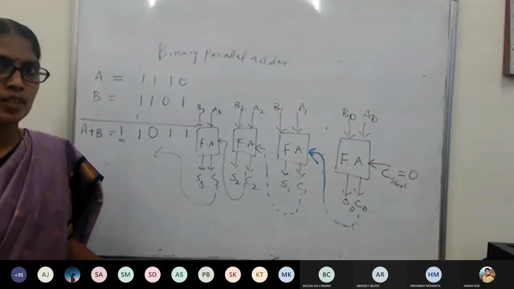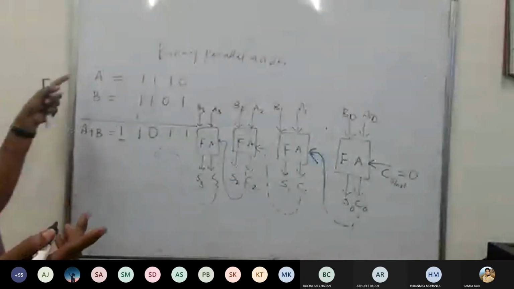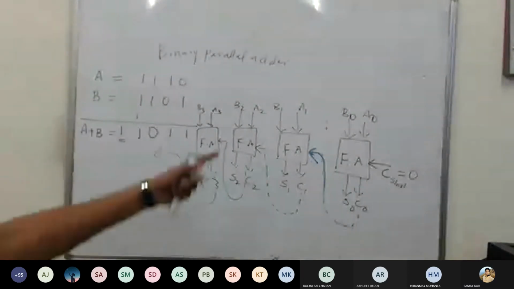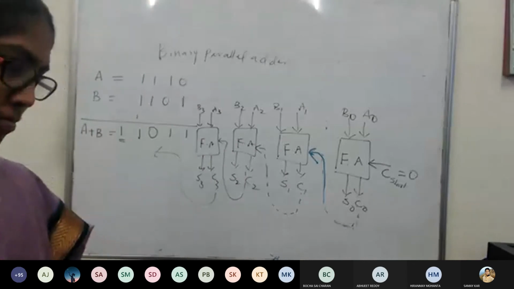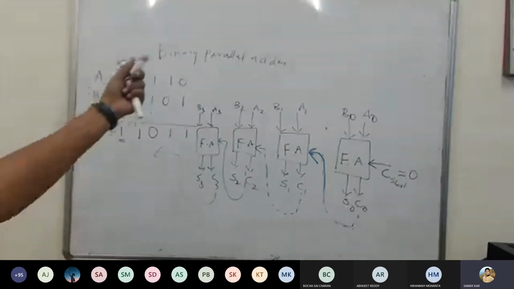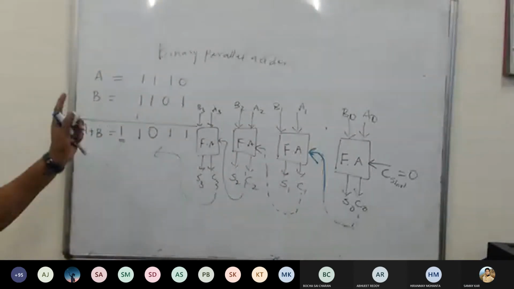That's right. Okay, can I extend this to 10 bits also? Because A0 to A9, can I add? Yes, ma'am. So how many full adders are required? N. So we require that many full adders, and the sequence goes on and on like that.